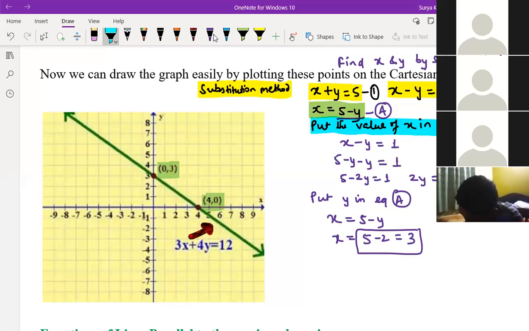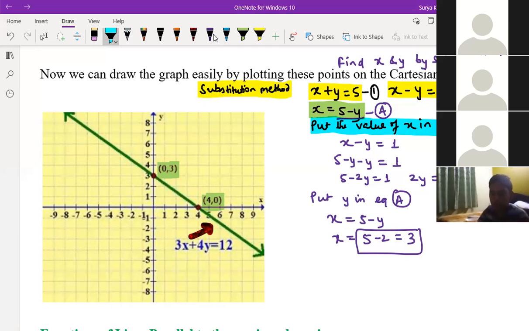Sir, x is equal to 5 minus y. Then the second is x minus y is equal to 1, so x is equal to y plus 1. Then x is equal to 4, right? Sir, I thought the first one you wrote x plus y is equal to 5, then you wrote x is equal to 5 minus y.